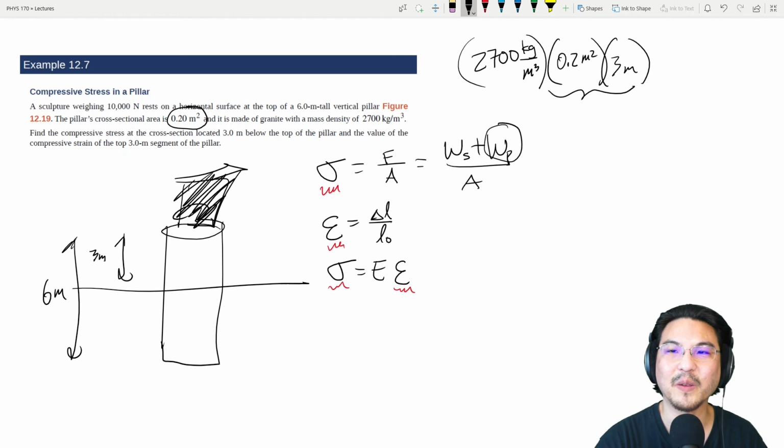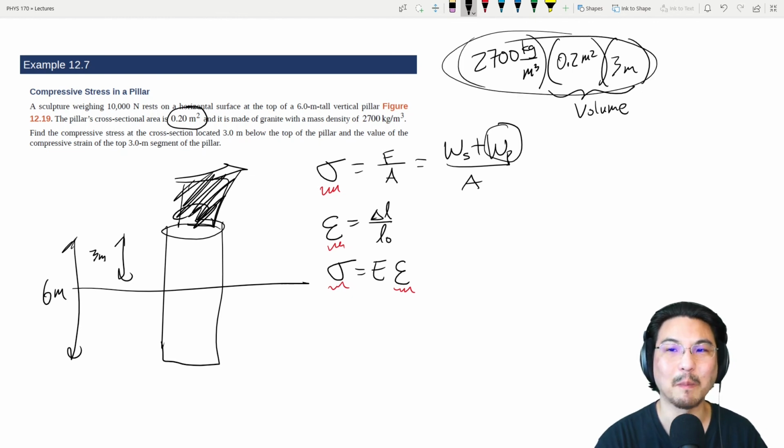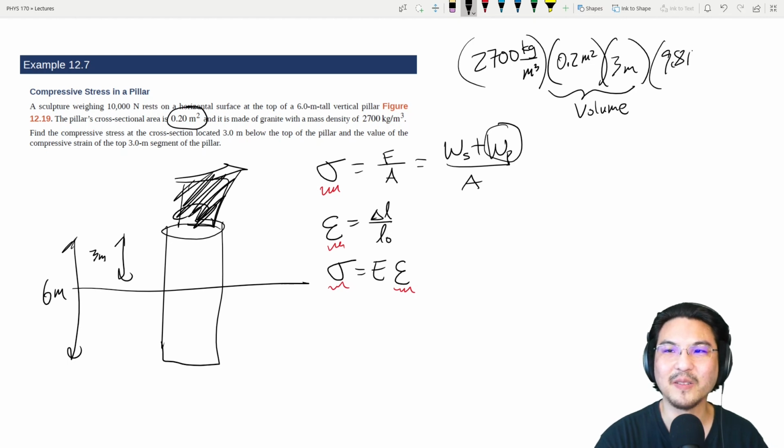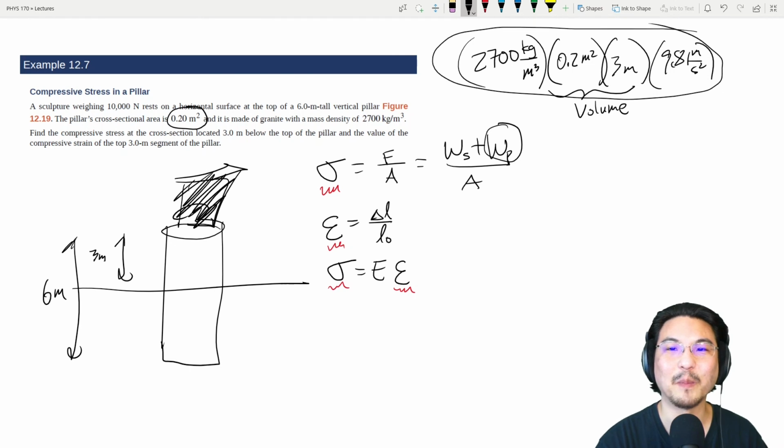So this is the volume. Density times volume gives us what? Kilograms. So that's mass, not weight yet. And then times g. So this is the weight of the pillar. Well, the top half of the pillar anyway.